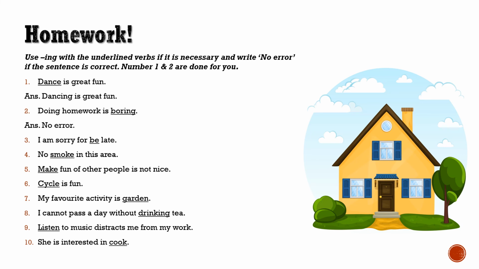Number 1 and 2 are done for you. তার মানে এখানে যেই সেন্টেন্সগুলো দেওয়া আছে যদি এই বাক্যের ব্যবহৃত ভার্বগুলোর সাথে প্রয়োজন হয় তাহলে আইএনজি যোগ করে জেরান্ড ফর্মে নেবে এবং যদি বাক্যটি সঠিক হয়ে থাকে তাহলে সেটির জন্য নো এরর এটি লিখতে হবে। Number 1 and 2 is done for you. Let's see explanation.